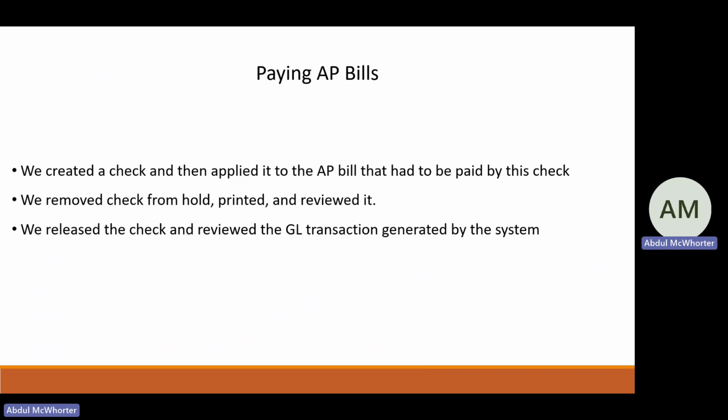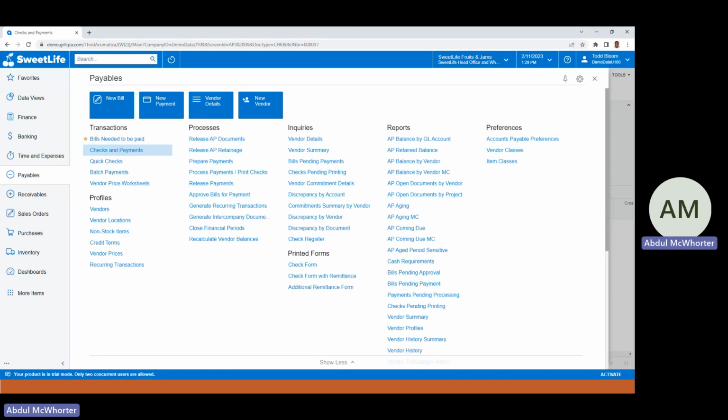We removed the check from hold, we printed it and then reviewed it. We released the check and then we reviewed. No, we didn't. So let's just do that before we move on. And that's a good reason for me to always take a recap of where I've been. So before we go any further, let's take a look at that.